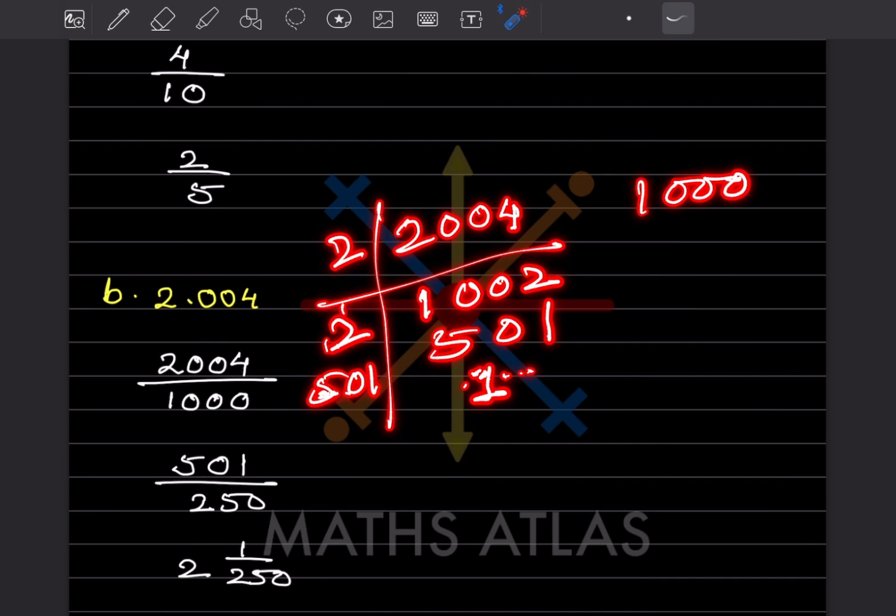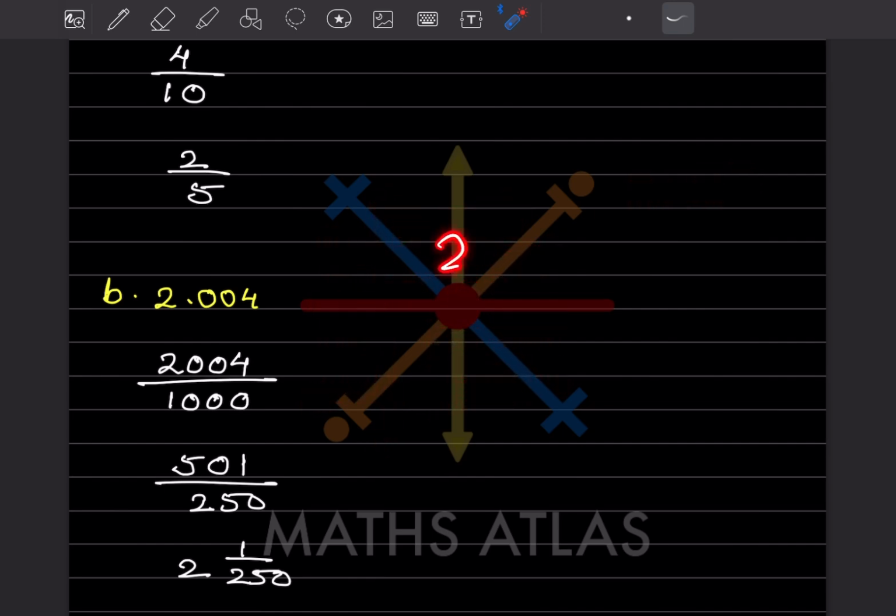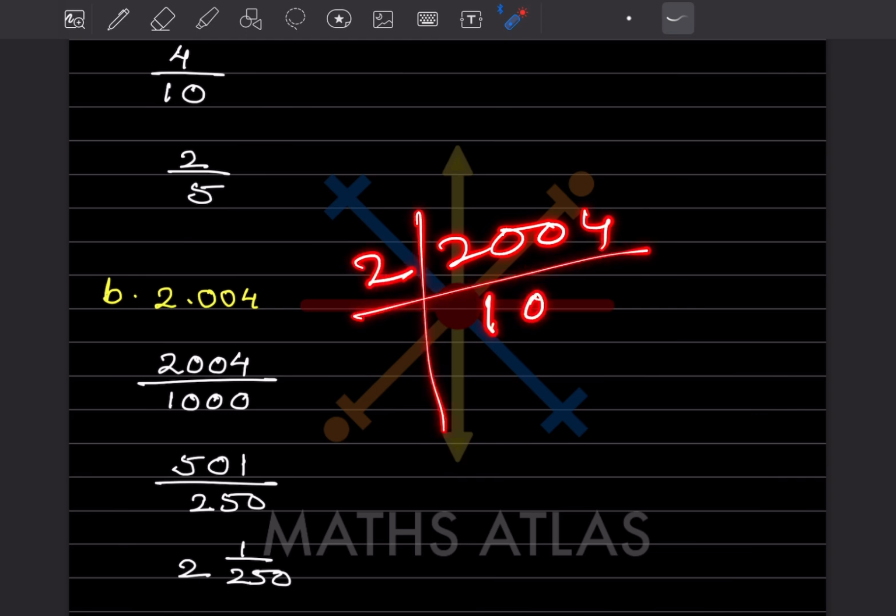The factors are going to be 2 into 501, and 501 ones are 501, that is going to be the same.